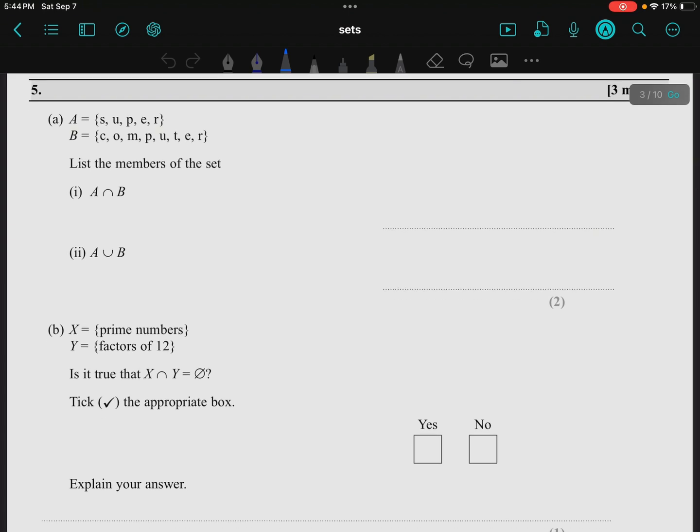Question number 5. A is SUPER, B is COMPUTER. List the members of the set A intersection B. A intersection B, common: U, E, R and P is also there.